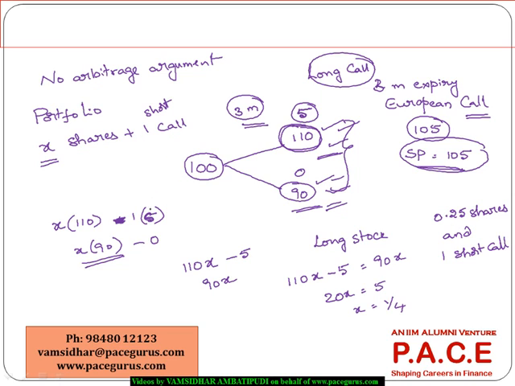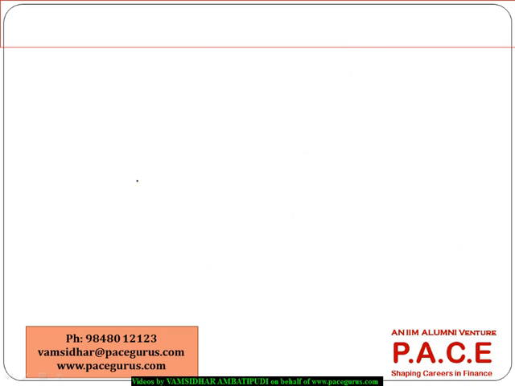Let's see, if I am having 0.25 shares and it touches 110, my portfolio value at the end of 3 months is going to be 0.25 times 110 minus 5 for the call option. So overall this is 110 by 4, which is 27.5, minus 5, giving 22.5.